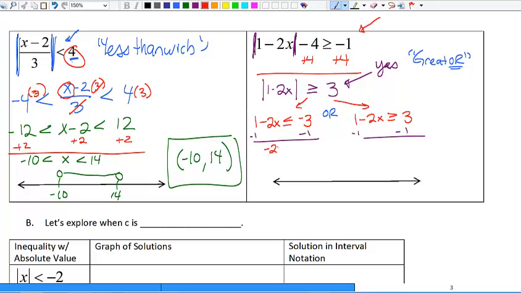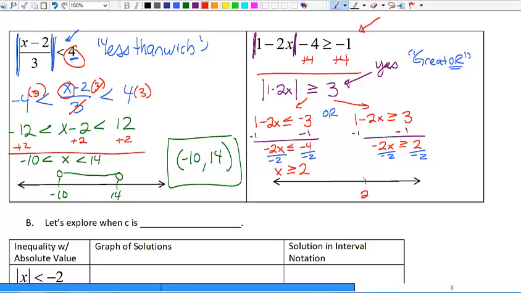So I have negative 2x is less than or equal to negative 4. And on the other side, I have negative 2x is greater than or equal to 2. On each of these inequalities, I'm going to divide both sides by negative 2, which leaves me with x is greater than or equal to, because I'm dividing by a negative, I have to switch my sign, positive 2.